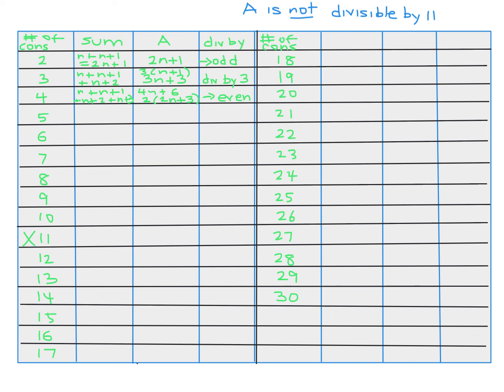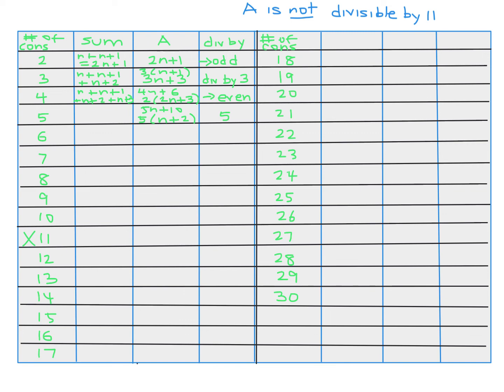I have to do a couple more. When the number of consecutive integers is 5, this will be 5n plus 10. You can factor out a 5, and that will be 5 times n plus 2, and therefore that tells me it's divisible by 5. Let me do a couple more.